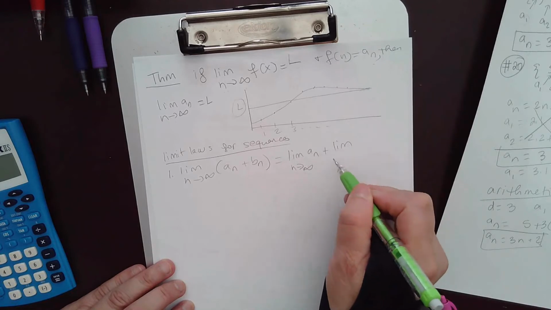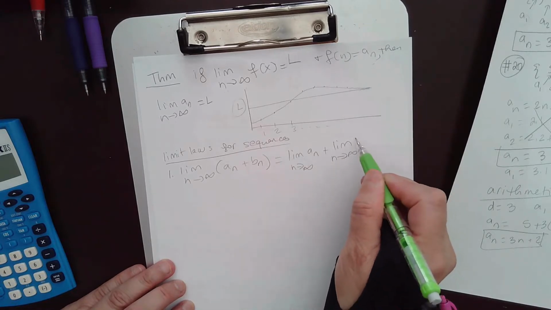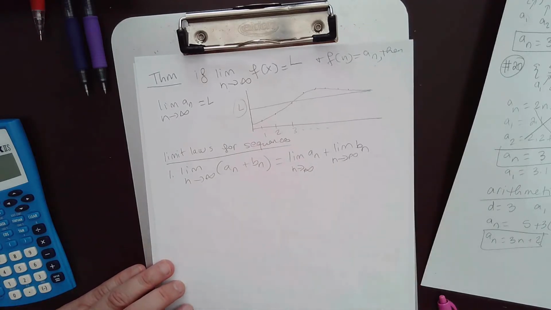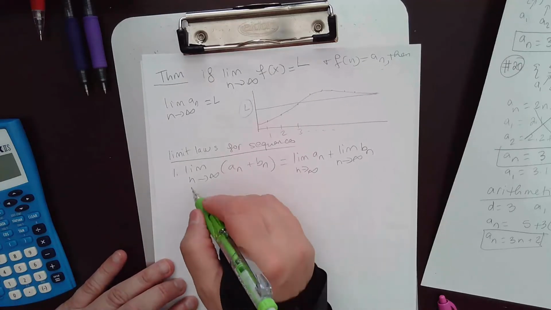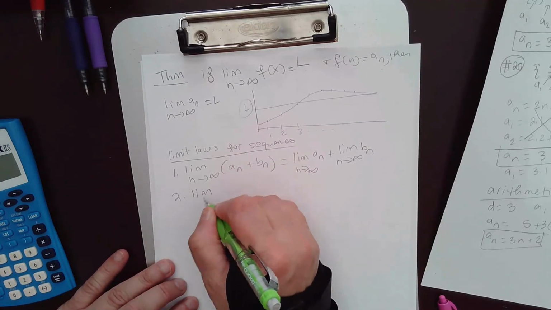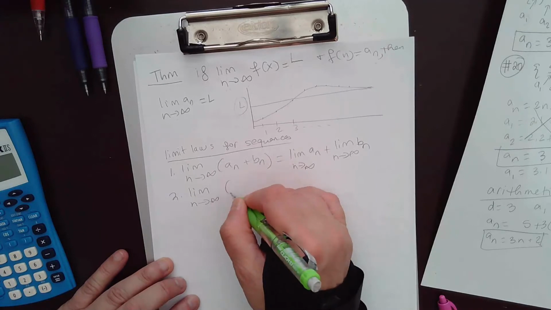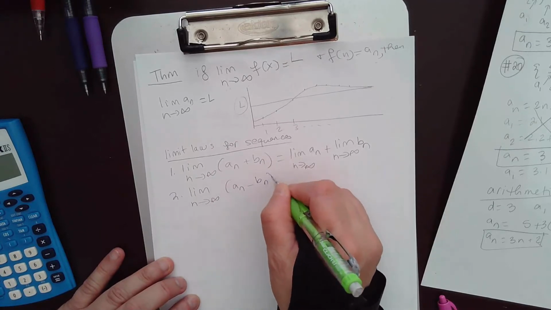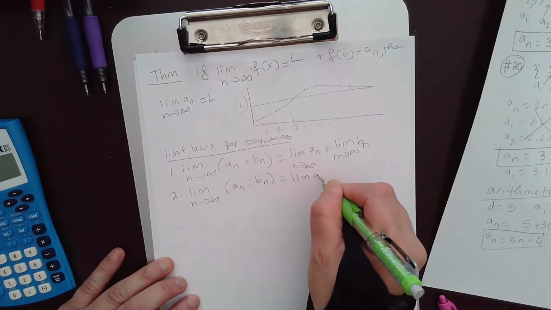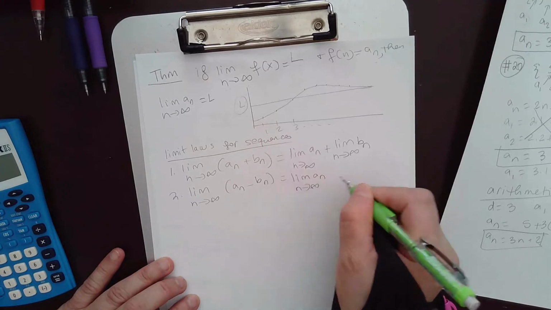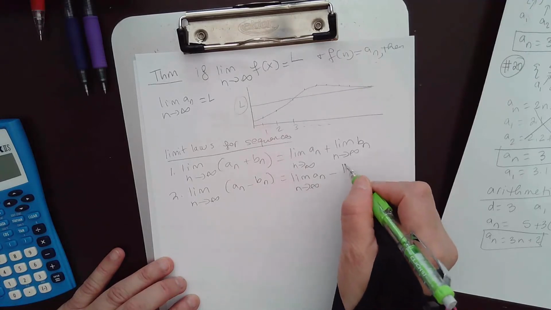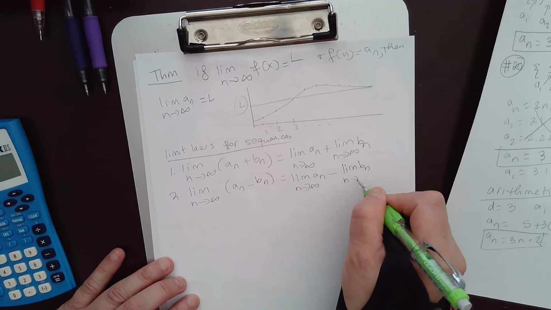Probably not with n approaches infinity though. The difference law: the limit as n approaches infinity of a_n minus b_n is the limit of a_n as n approaches infinity minus the limit of b_n as n approaches infinity.